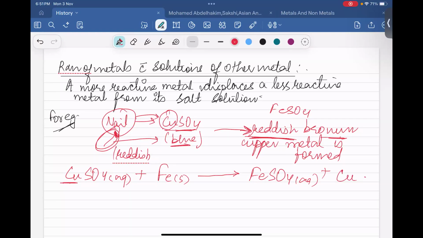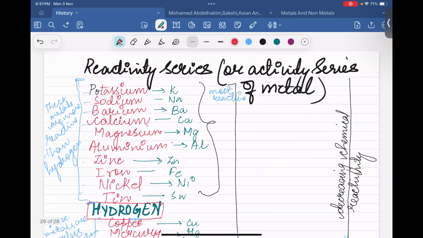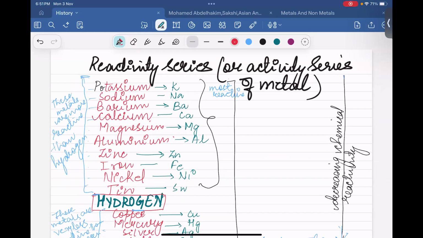How is it possible? Tell me. This is only possible because of the reactivity series. Look, Umair, we are taking iron and we are taking copper, and we are putting this iron in copper.